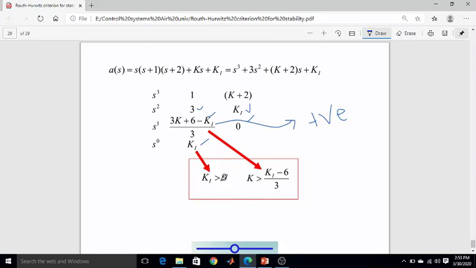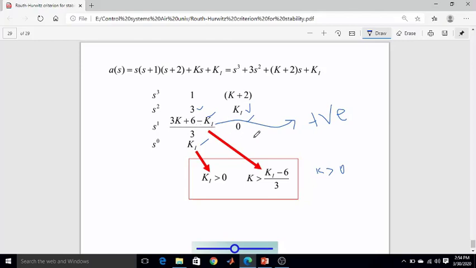So if ki is positive, if we take some value, let's say ki equal to 6, if we put 6 here, it will become 0, k greater than 0. So that means if k is 0, this equation is going to be 0, because k is 0 and ki is 6.